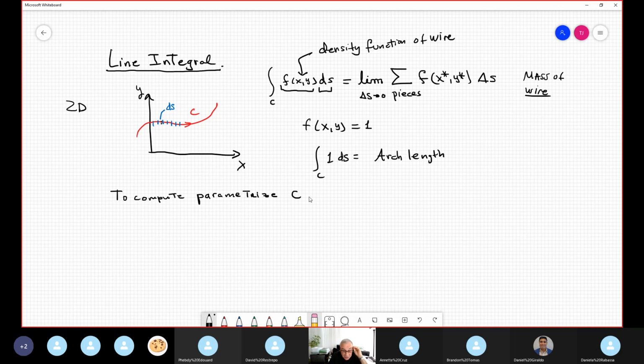Y I suppose that the parameterization is two new functions that I want to call x of t and y of t. And don't forget, when you parameterize something, define the interval. Without the interval, you are doing it wrong. You put the equation right and no interval specification, so you are doing nothing.